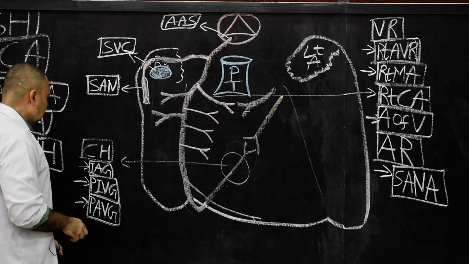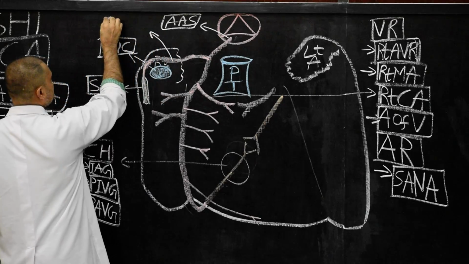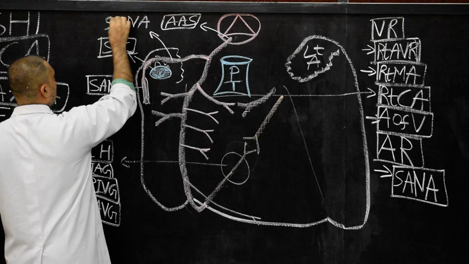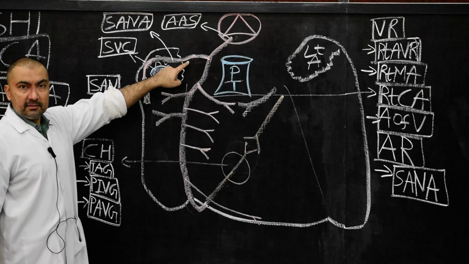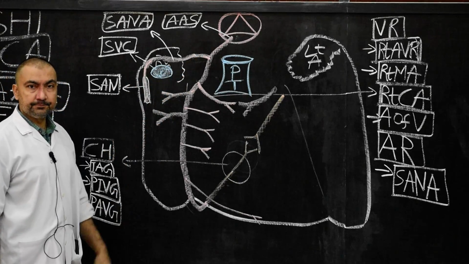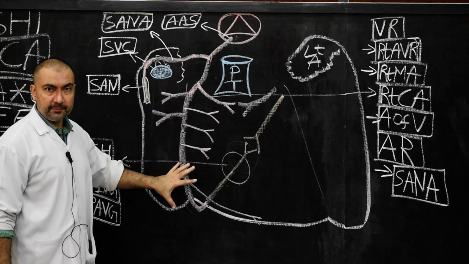So therefore, this artery which we have drawn, we are going to name this as sinoatrial nodal artery, which is an atrial branch of right coronary artery. So here we finish the branches on first segment.